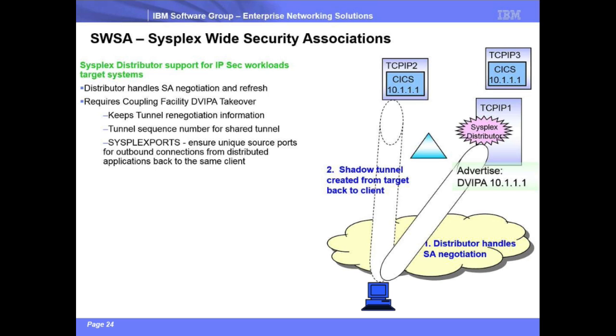It uses the coupling facility for DVIPA takeover to keep track of tunnel negotiation information and the tunnel's sequence number for shared tunnels. And again, in this configuration, you would want to use Sysplex ports to ensure that unique source ports are used for outbound connections from the distributed applications back to their client.